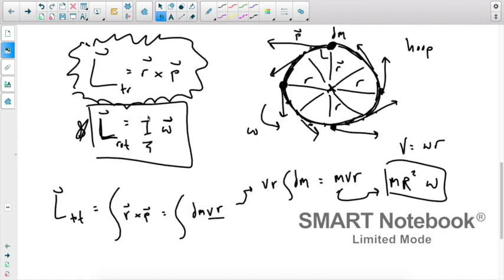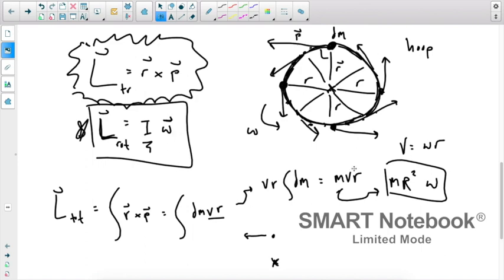For things like the Earth that are rotating and revolving, you're going to need both of them, right? Because the Earth is truly just like a single point particle revolving in a circular path with respect to the sun. So when you just have a single point particle moving through space relative to some fixed other point, you're going to have to use this, all right?